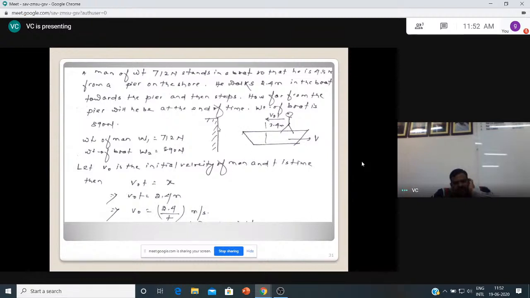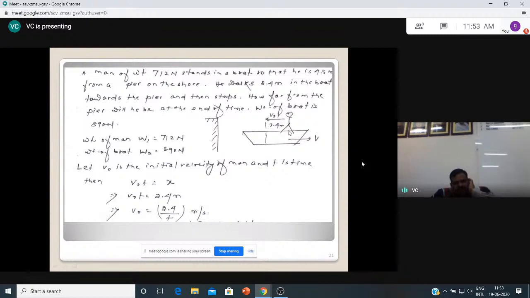He stopped. When he moves 2.4 meters this side, the boat is also moving. That's why the distance towards the pier is changing. How far from the pier will he be at the end of the time?